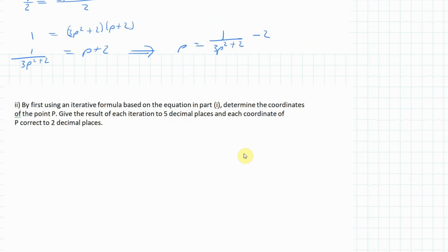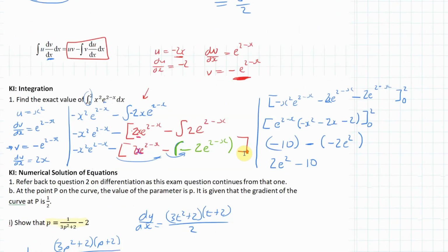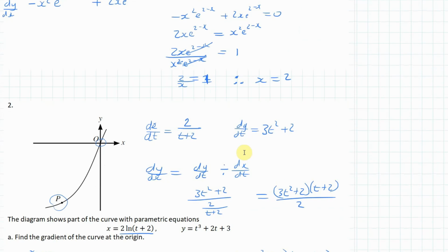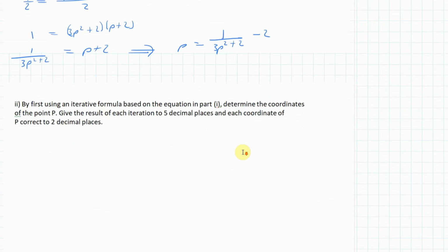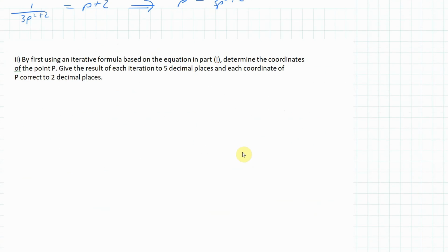Now, by first using the iterative formula based on that equation, determine the coordinates of point P. Okay, well, we're not really given any indication of whereabouts that P value is, but I'm just going to start off with x equals 1 and see where we get to with this. So, P1 equals 1. I typed that into my calculator, and pressed equals, and 1 is my answer.